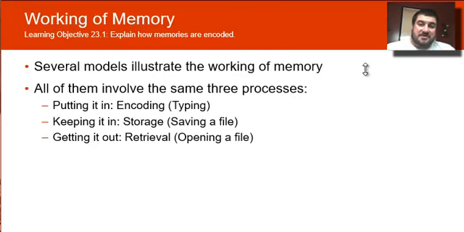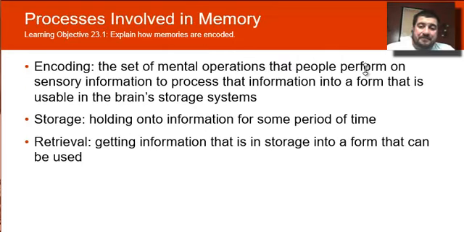There's several models that have been proposed to illustrate the working of memory, and all of them involve these same three processes. Encoding, which in a computer is like typing, storage, which is like saving a file, and then retrieval, which is like opening a file.